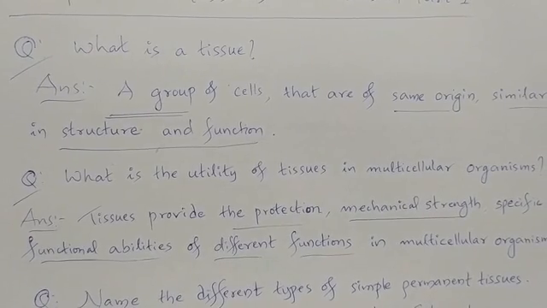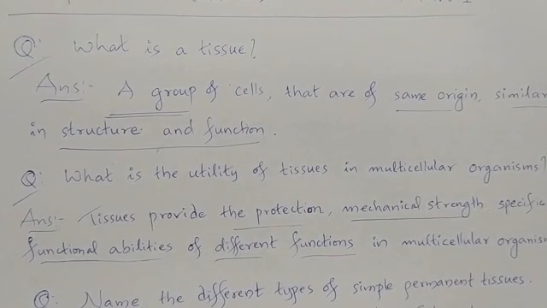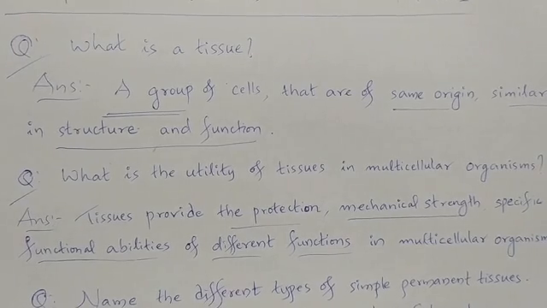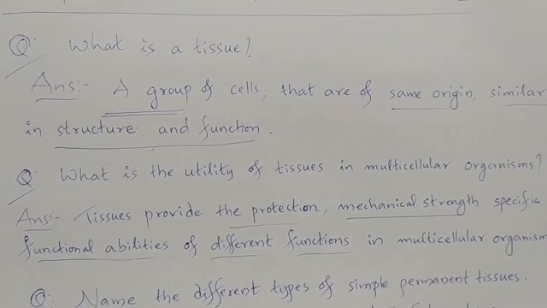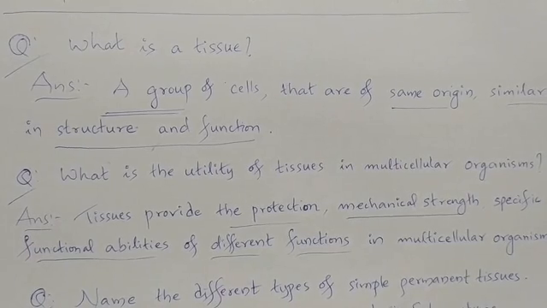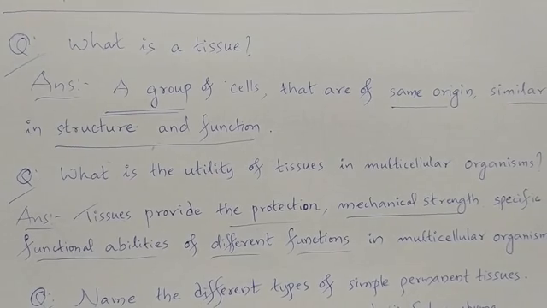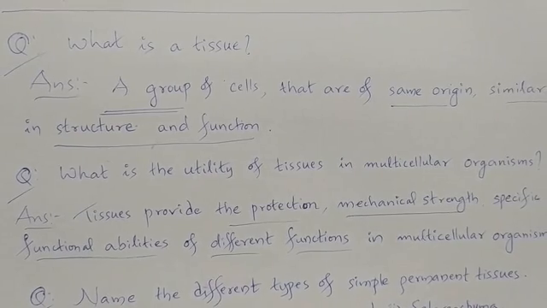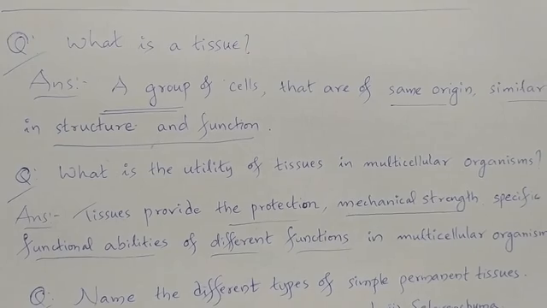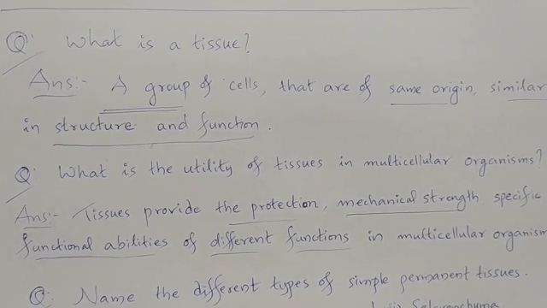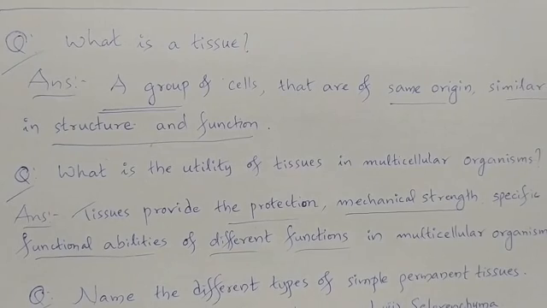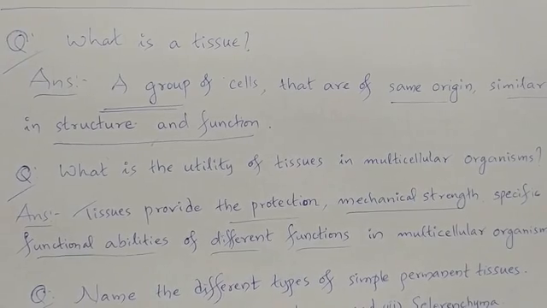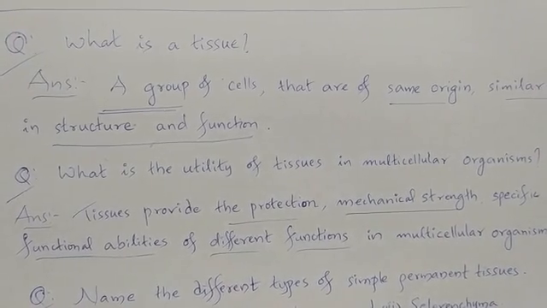First question: what is a tissue? A group of cells that are of the same origin, similar in structure and function, is called a tissue.